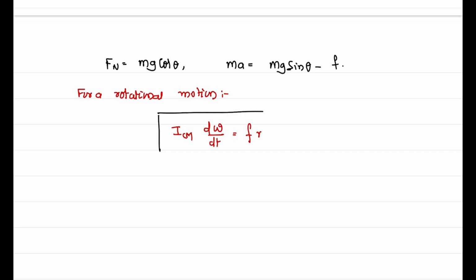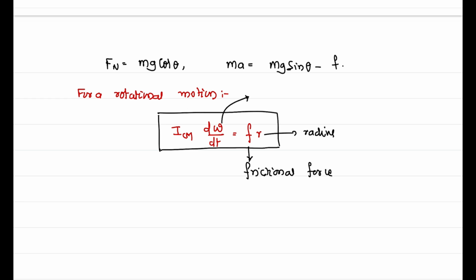You please remember this, where r is the radius of the sphere, F is the frictional force, omega is the angular velocity, I is the moment of inertia with respect to center of mass.